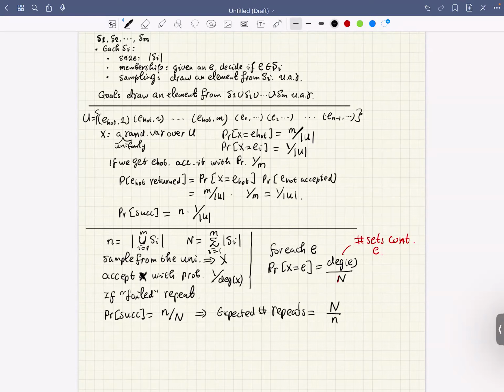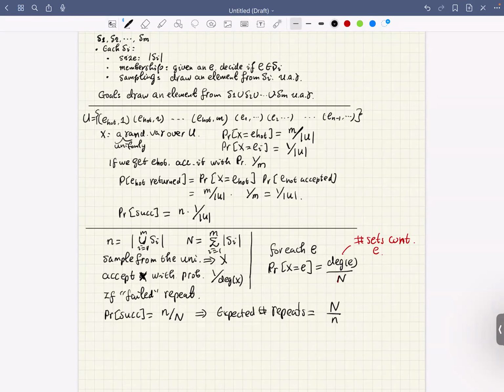I simply pay M dollars, asking each set: do you have this element? I ask around, I ask all sets. So I pay M dollars, and I can implement this acceptance step in M dollars. So in total, what is the expected number of dollars I pay?